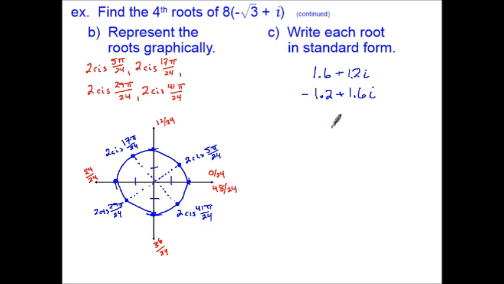As I do the third one, I get negative 1.6 plus, oops, I'm sorry, not plus, minus, that's a minus. Undo, undo. Alright, minus 1.2i. And then lastly, I would get 1.2 minus 1.6i.